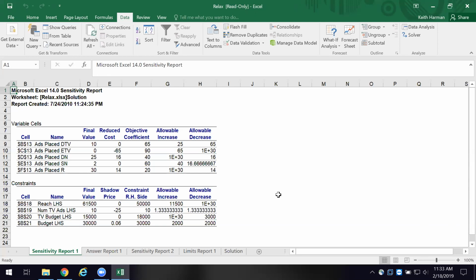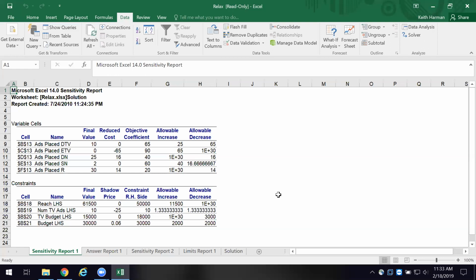Now, one of the things that's interesting is, as you look at the variable cells or the constraints, you really want to fix your attention first of all on reduced costs and shadow price.